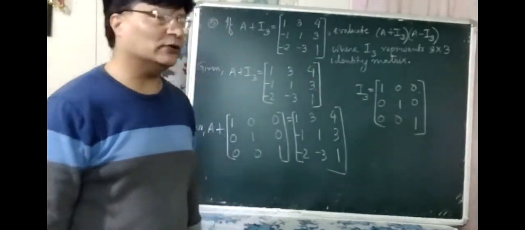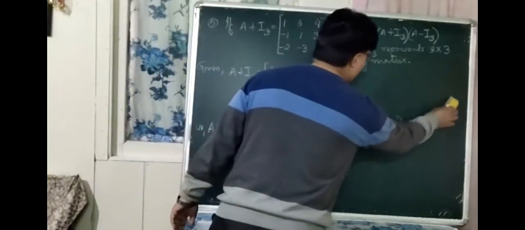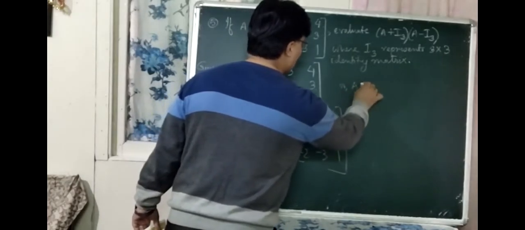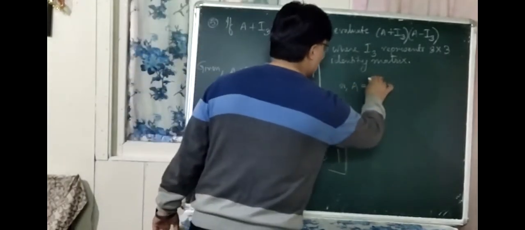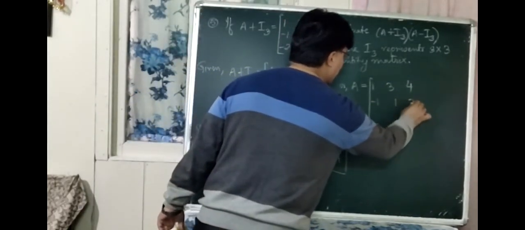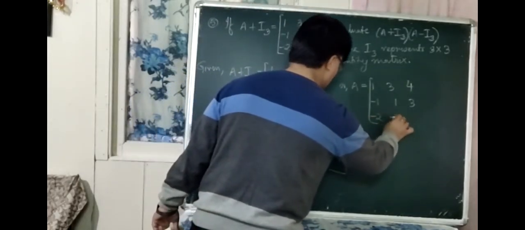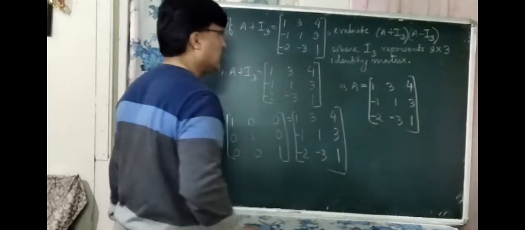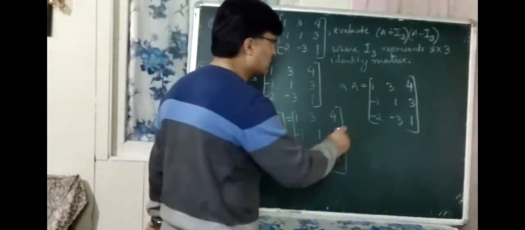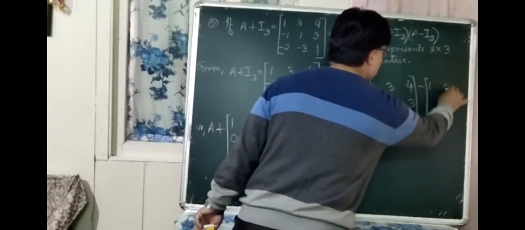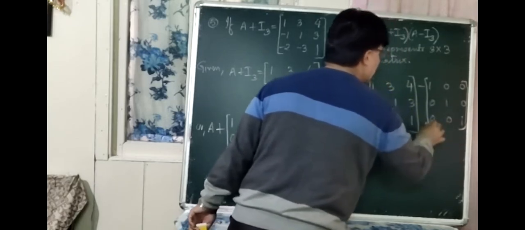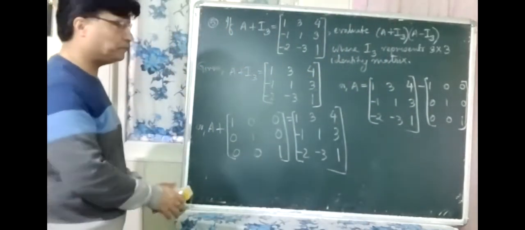This is just like solving for X, but here you have to solve for A. A is equal to 1, 3, 4, -1, 1, 3, -2, -3, 1. Next, this identity matrix taken to the right side becomes minus: minus 1, 0, 0, 0, 1, 0, 0, 0, 1.